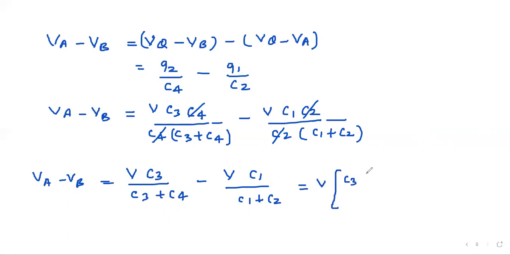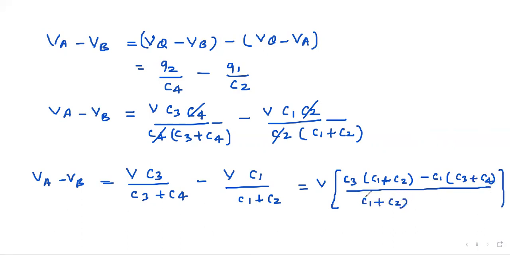So C3 times (C1 plus C2) minus C1 times (C3 plus C4), whole divided by (C1 plus C2) times (C3 plus C4). Now, if we open the bracket, C1 C3 will cancel out.